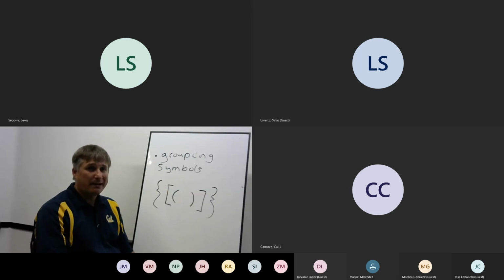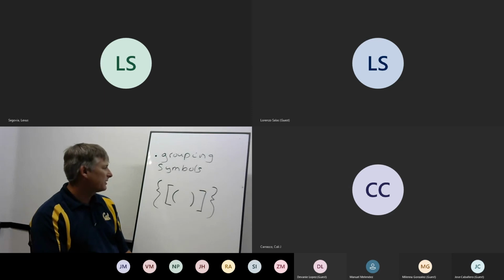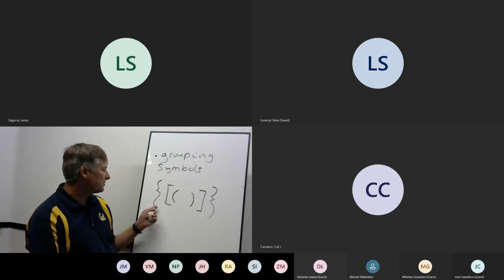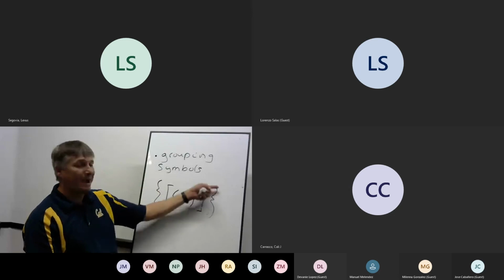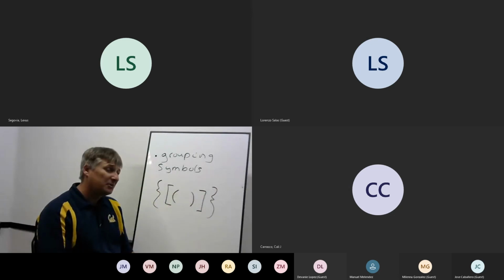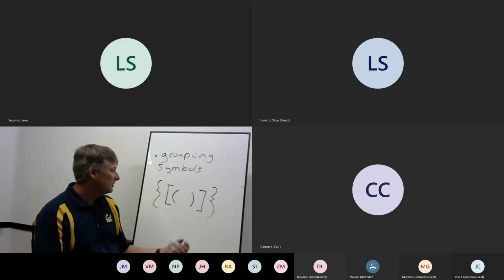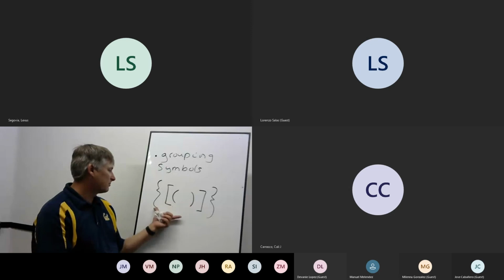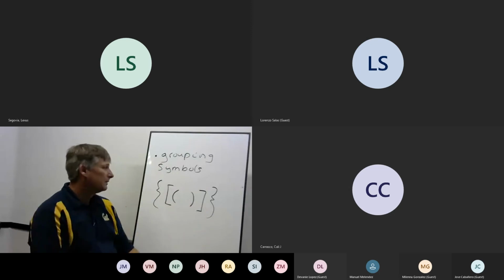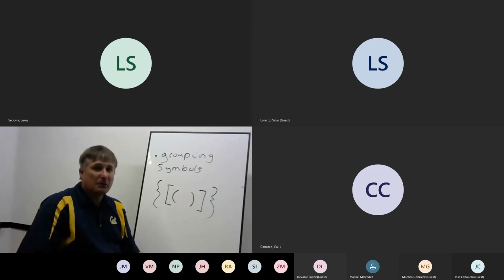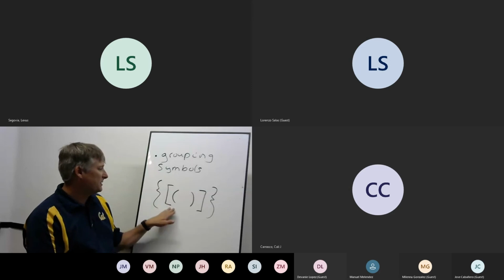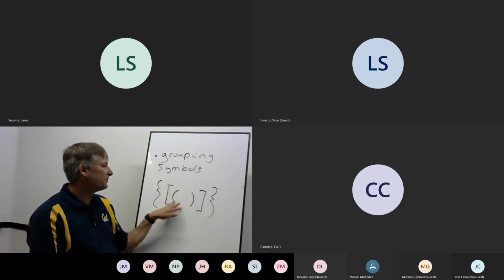You'll see something like that. I've seen it where if they're not using curly braces, they'll use just more brackets. I've also seen people alternate with parentheses, brackets, parentheses, brackets. So that's another way you can do it. But typically, we're going to be dealing with just brackets and parentheses like that.